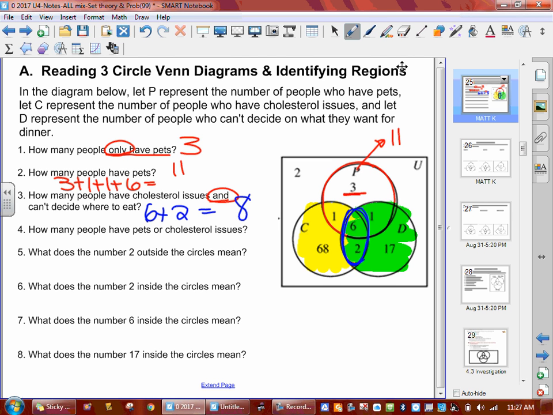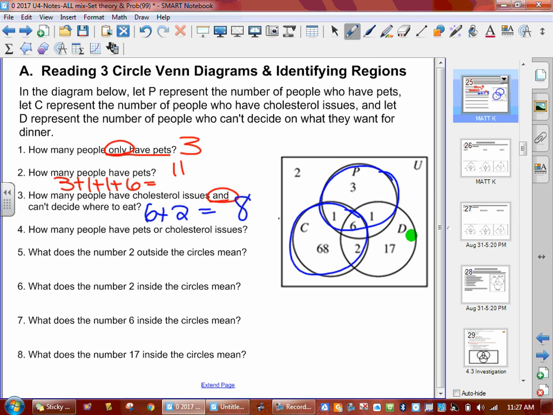The next one says, pets or cholesterol. So now we want pets or cholesterol. Well, the question says or. If it says or, it means it could be all of the pets or all of the cholesterol. So basically, which number would I not add to it? The 17.